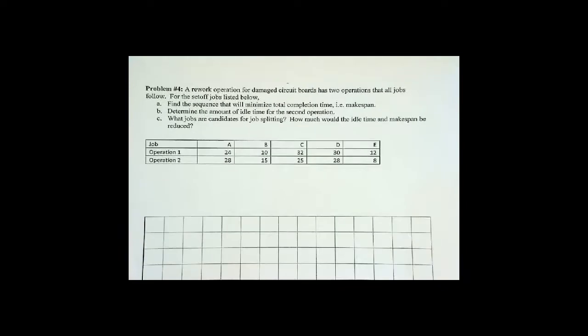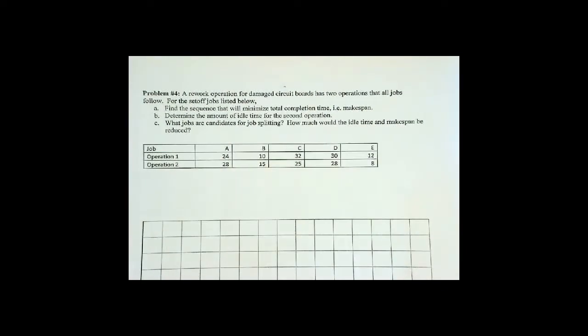Now let's look at an example problem of Johnson's rule.